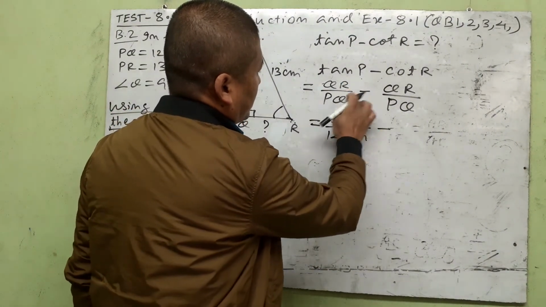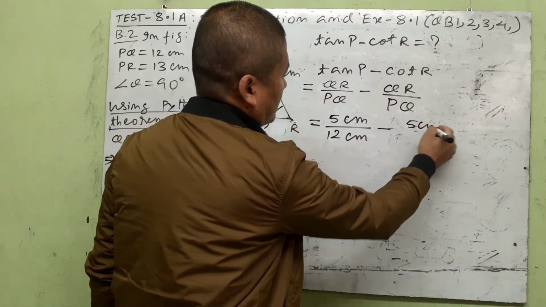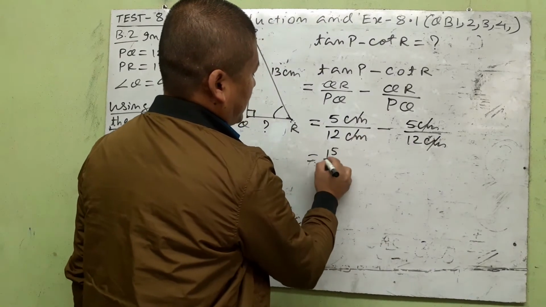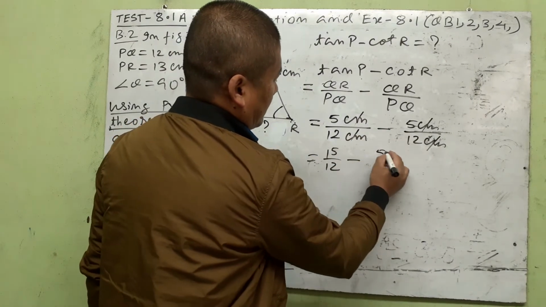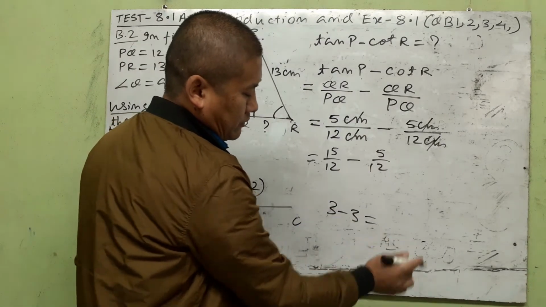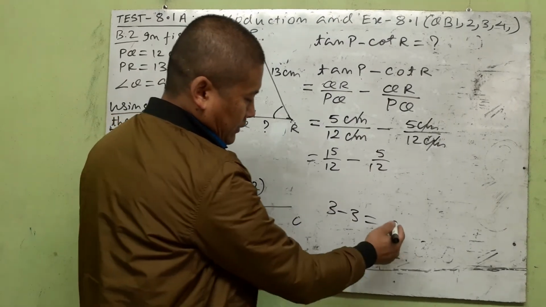Minus the same thing, QR by PQ, so this is also 5 centimeter by 12 centimeter. So these cancel, and 5 by 12 minus 5 by 12. Simple, right? 3 minus 3, how much, all of you? Yes, very simple, 0.